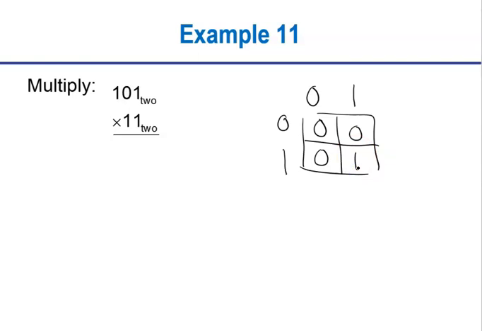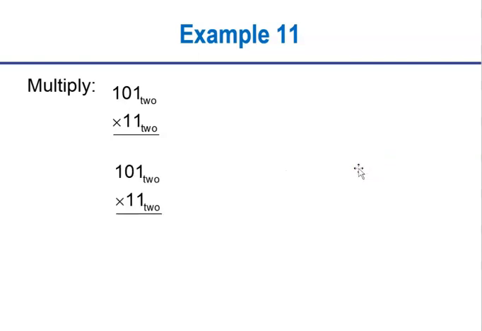So when we go to multiply it out, I'm just going to recopy the problem for the space. Okay, now let's look at our units place. So we're multiplying 1, 0, 1 times this 1. So again, 1 times 1 is 1, 1 times 0 is 0, 1 times 1 is 1.